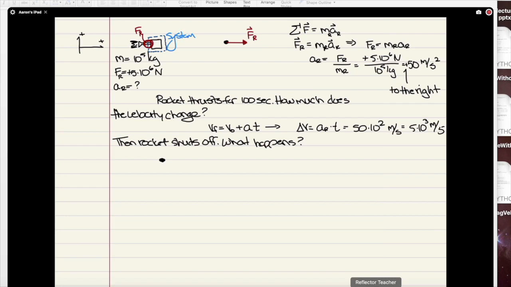The actual thrust has gone away. There are no forces acting on the rocket anymore. It would be incorrect to conclude then that the velocity is 0. Instead, sum of the forces equals mass of the rocket times the acceleration of the rocket, but there are no forces. The left-hand side is 0, equals the mass of the rocket times the acceleration of the rocket. The acceleration is 0.